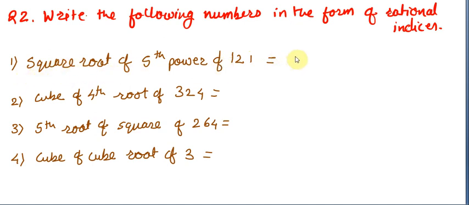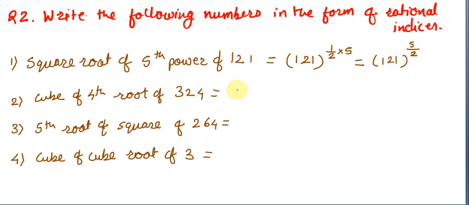So first we will write the base 121, and first statement is square root. Square root means 1/2 multiplied by fifth power. So it is multiplied by power 5. So we will get ultimately 121 raised to the power 5 upon 2.